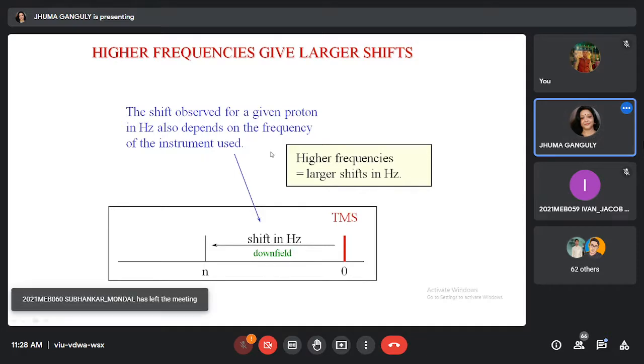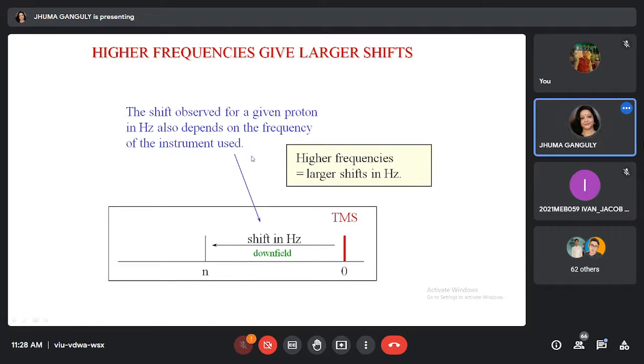Now, the shift observed for a given proton in hertz also depends on the frequency of the instrument used. I will go through some mathematical calculation next time, because it's not easy to understand initially. Higher frequency equals larger shift in hertz.